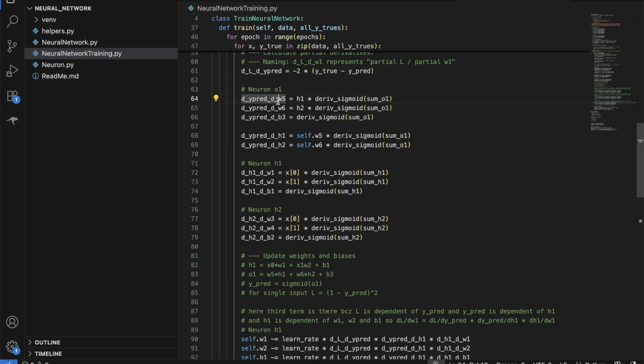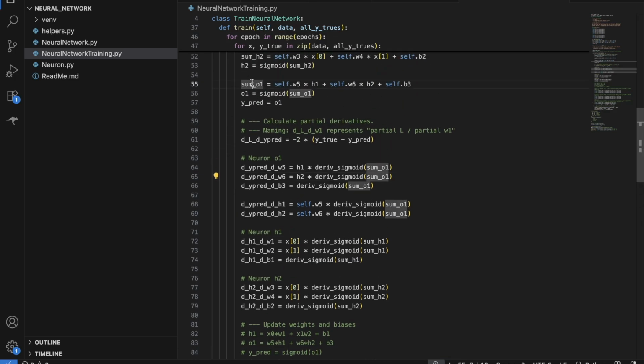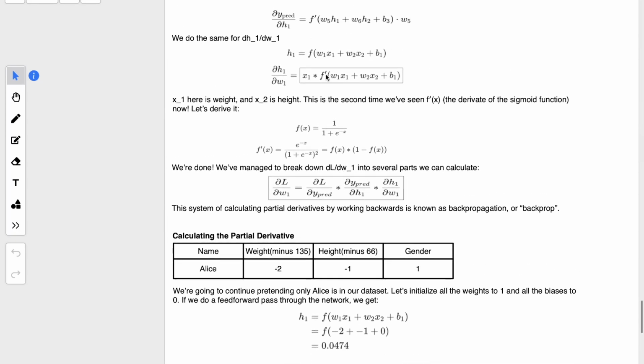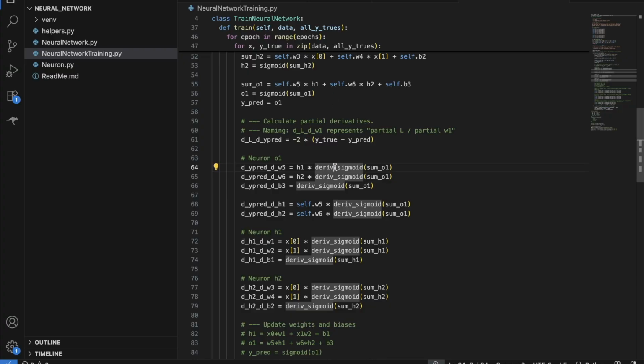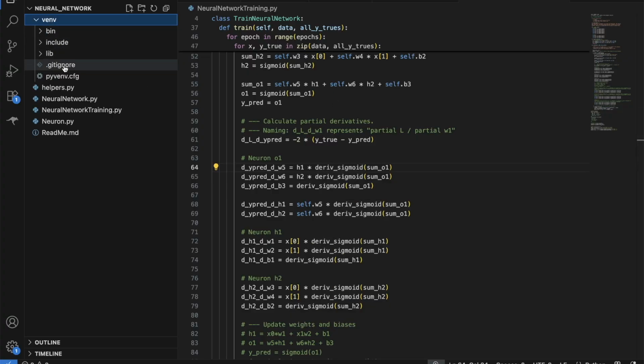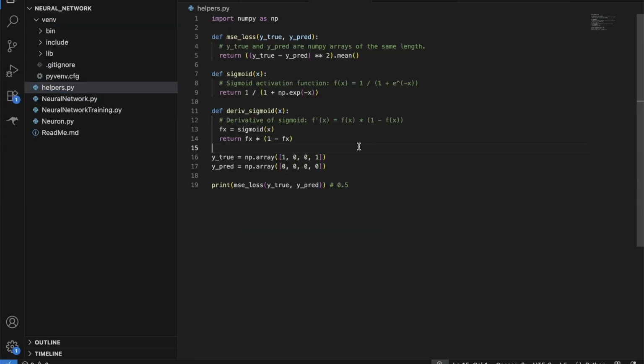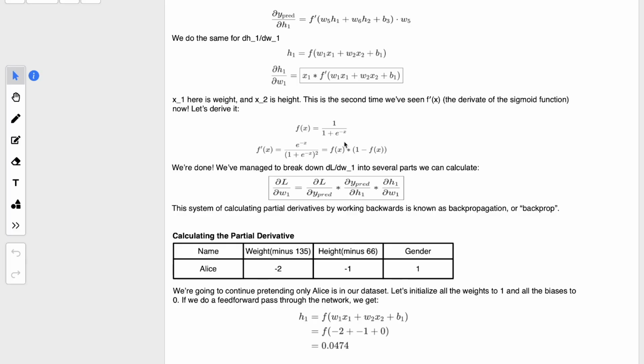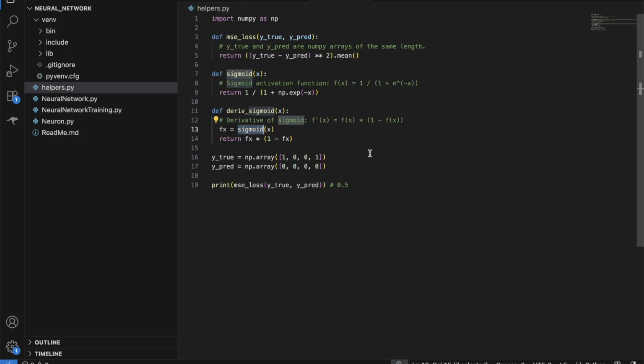So w5 and w6 are simple: h1 into derived sigmoid of sum o1. Sum o1 is this, right? Derived sigmoid is a function which calculates f dash. If you go to derived sigmoid in the helpers, this is the same thing, f(x) into 1 minus f(x). We calculated it here, right?